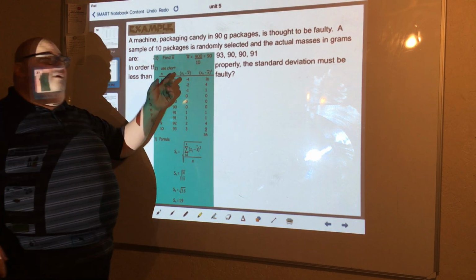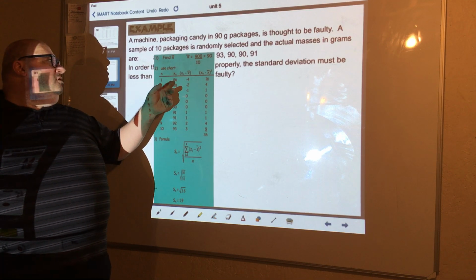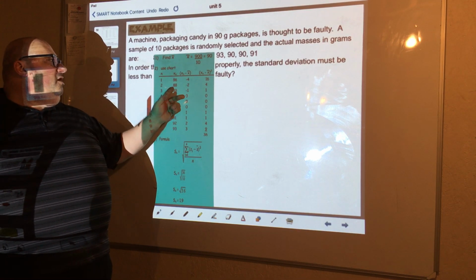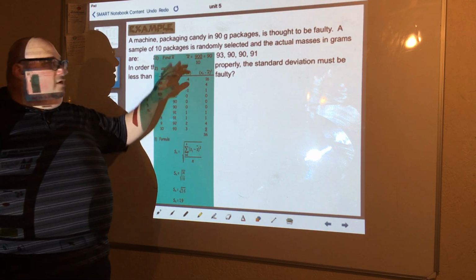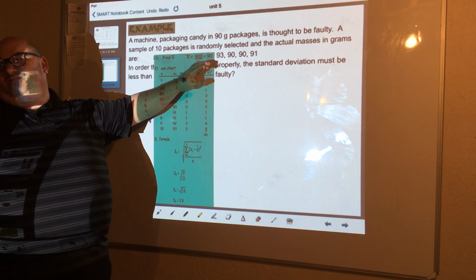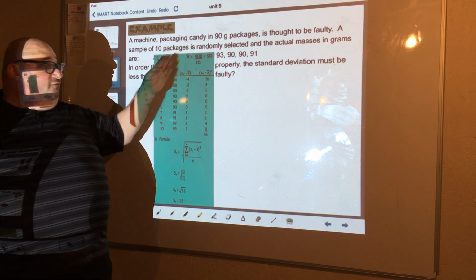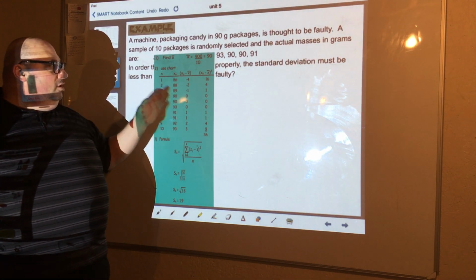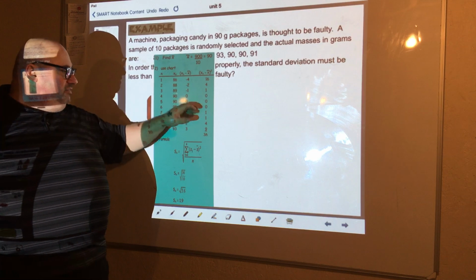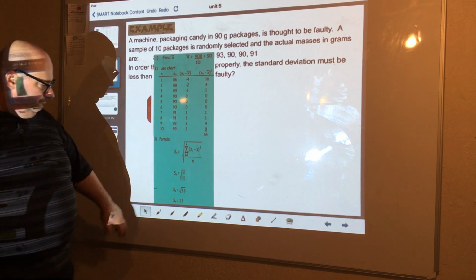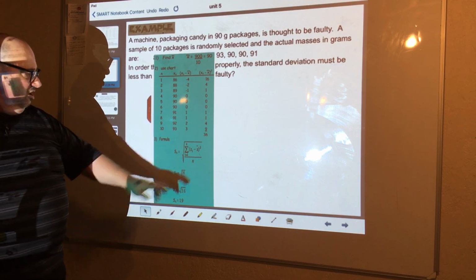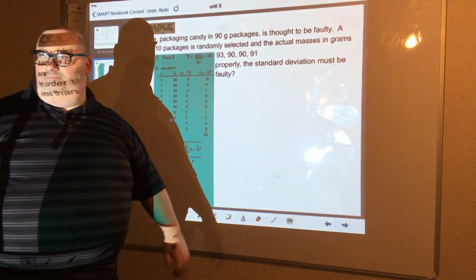Then what do we do for every single one of our terms? 86 minus 90, 88 minus 90, 89 minus 90. We write them down, then we square them. That's how we got rid of the -4, 4 below, 2 below, 1 below, right? We square all those. We add them up. We divide by 10. And we get a standard deviation of 1.9.